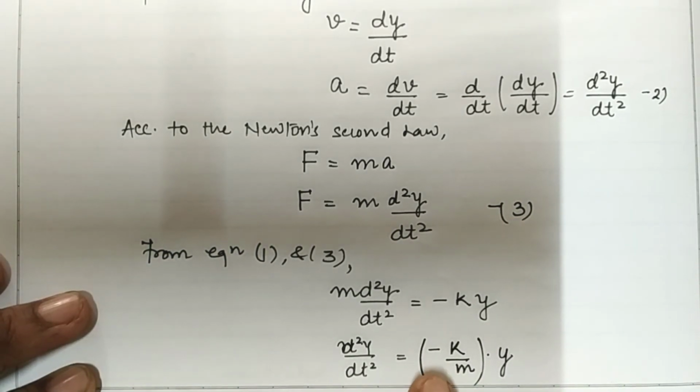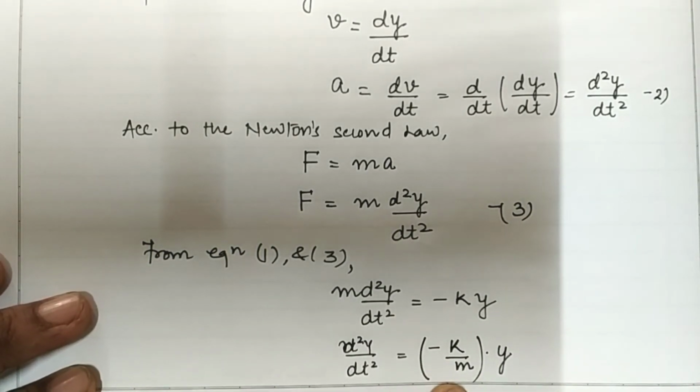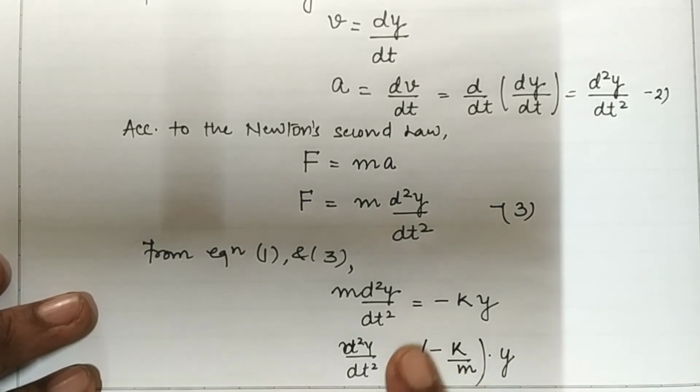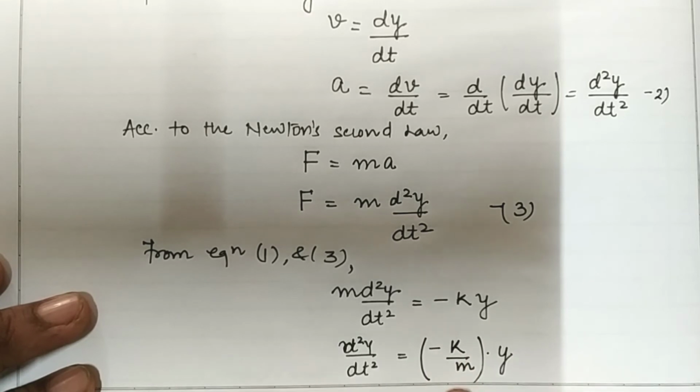Children, why are we putting m here? Because k is a proportionality constant and m, the mass of the body, is also a constant term. So instead of writing k upon m, we can write omega square.